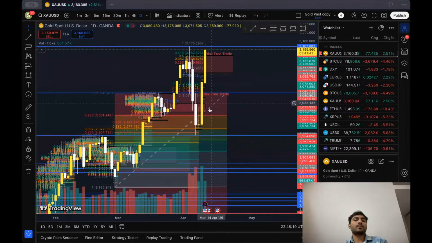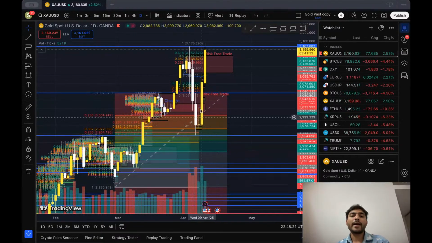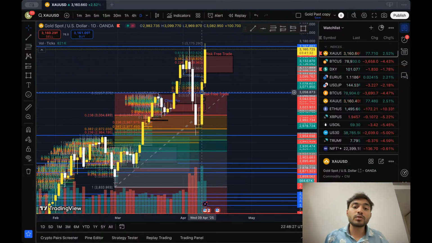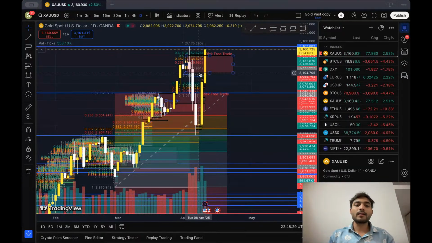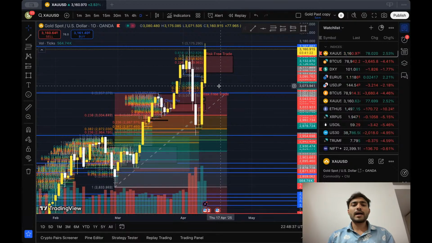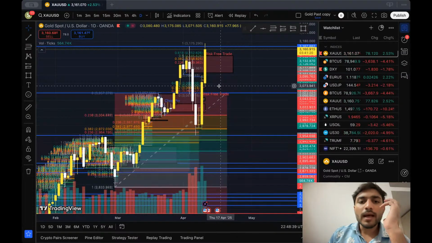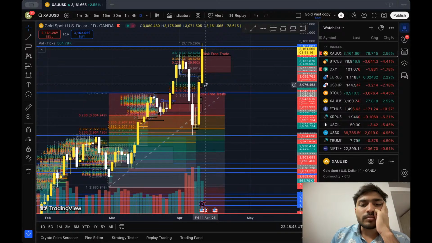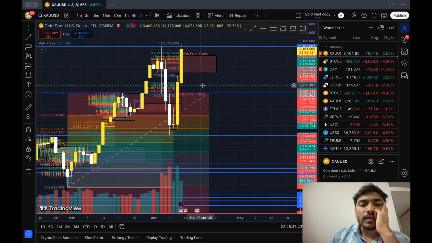So what happened is it gave us a good candle. The candle closed yesterday, Wednesday, which is 9th of April, with good clarity, and it closed with good bullish momentum, right? So that showed it has a lot of bullish momentum, and also we could take bullish trades at these levels.